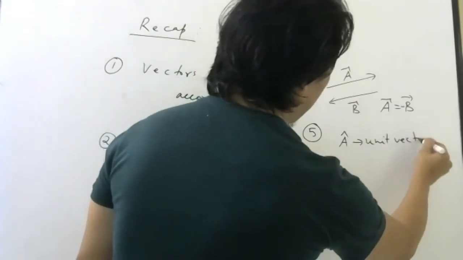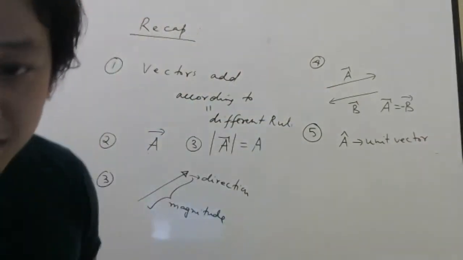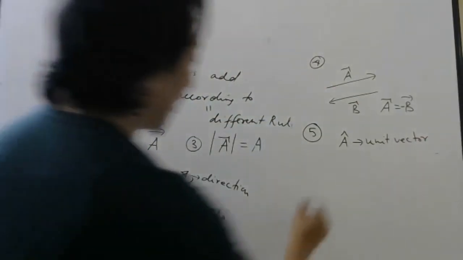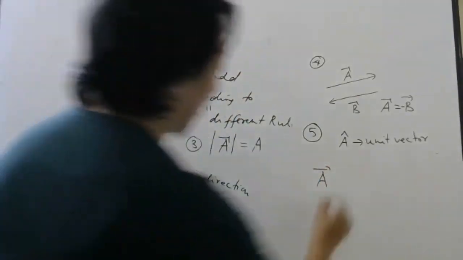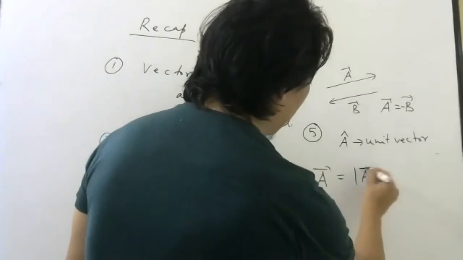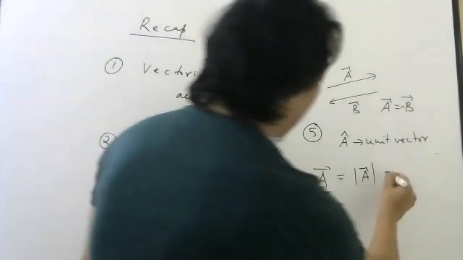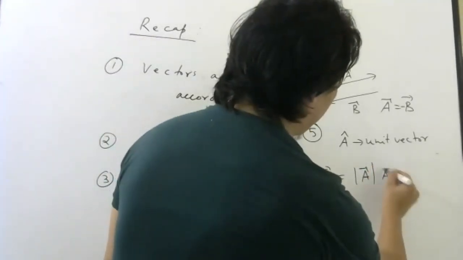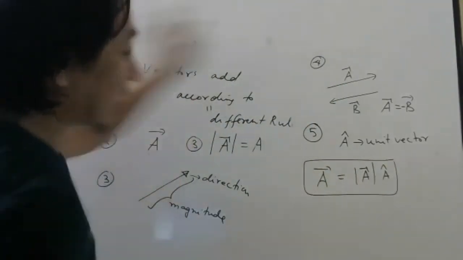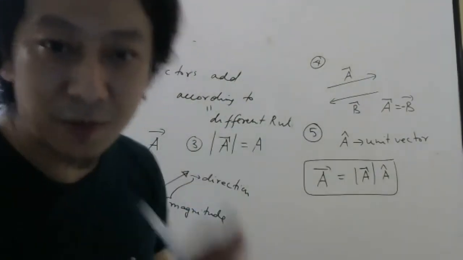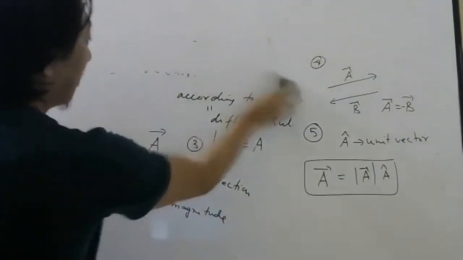It is a vector whose magnitude is 1, and the relation between any vector and its unit vector is: vector equals magnitude of this vector times unit vector. I will stop the class provided you answer this question. So these are the 5 most important things which you should remember for next class.